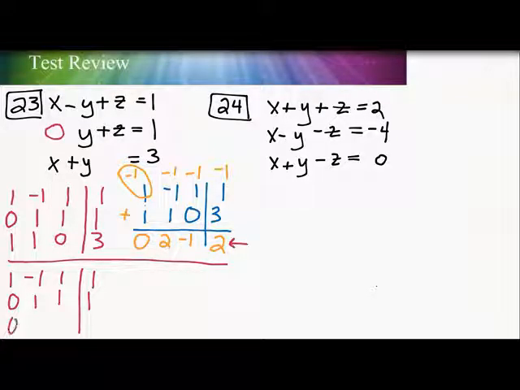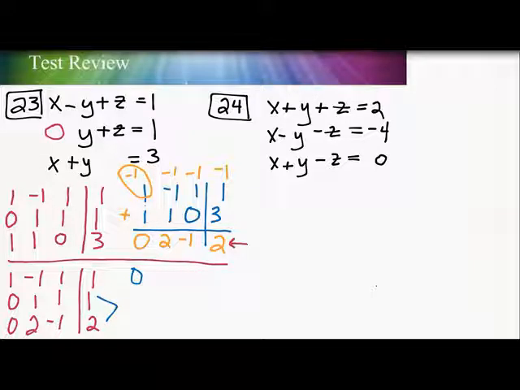Now this is what I like, because the last two rows both have zeros in the first column. As long as I have two zeros on top of each other, I can start working my way to the right and making zeros in the other columns.